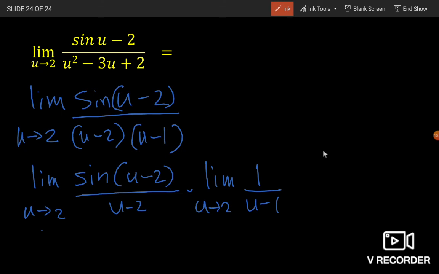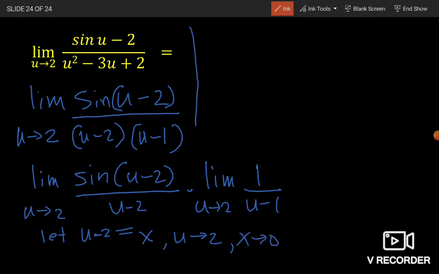Now let u minus 2 be equal to, let's say, x. So we can see here, as u approaches 2, what becomes of x? As u approaches 2, 2 minus 2 is equal to 0, so x approaches 0.